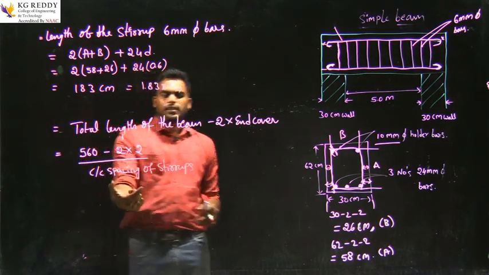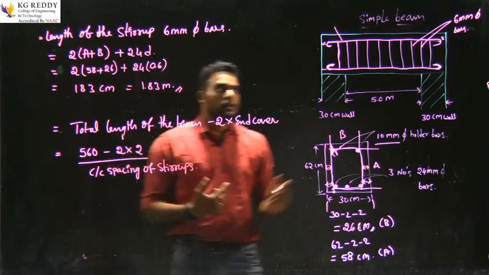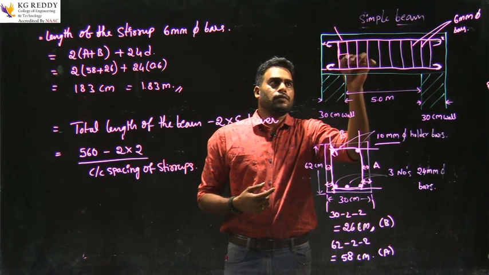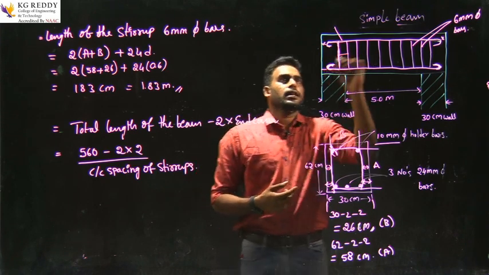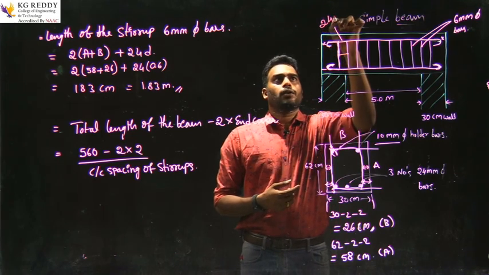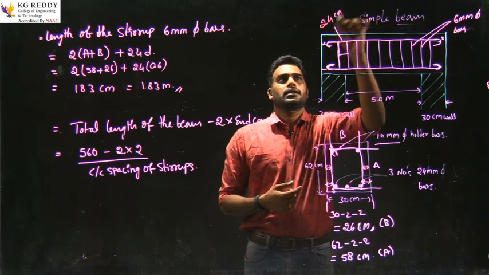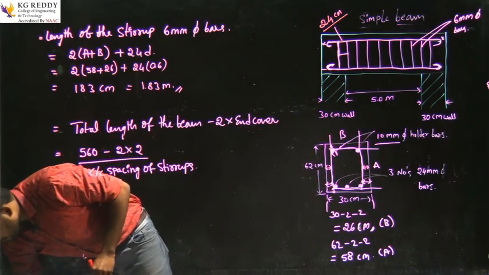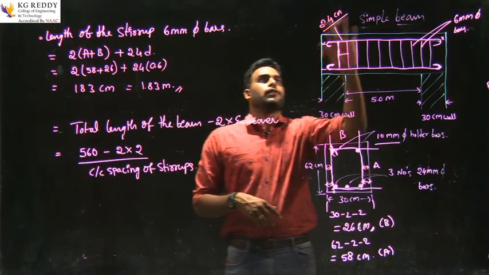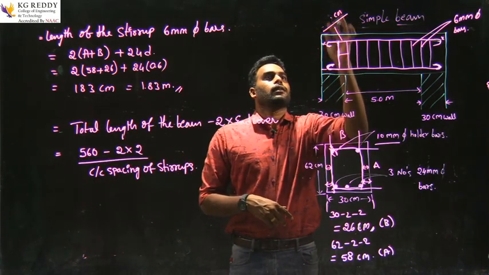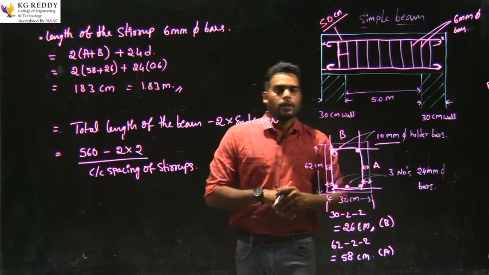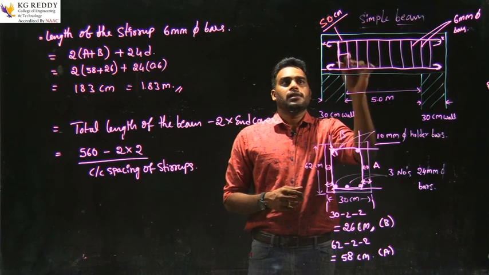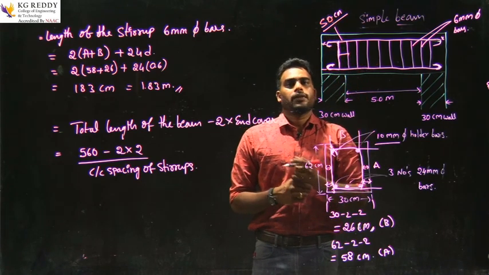What is the meaning of the spacing of stirrups here? The spacing from the center to the center of the stirrup is mentioned as, not 24, it's 50 centimeters. So from this center point to this center of the stirrup, the distance is 50 centimeters.